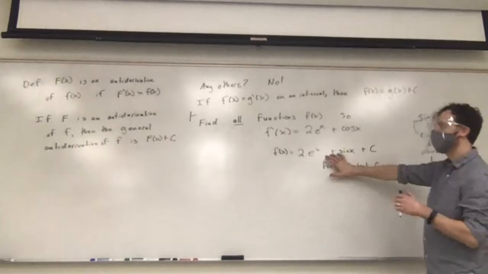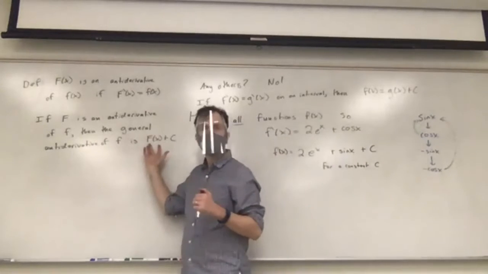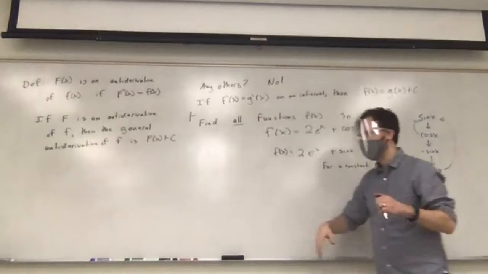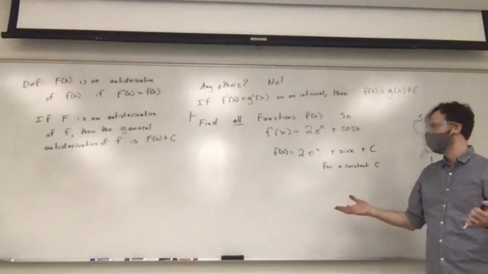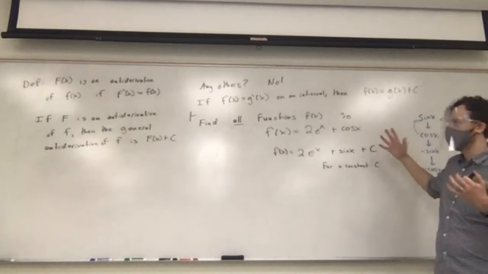And so that's like what we were doing here. The general antiderivative is: find one function that works and then say we can get all the things that work if we allow for some plus c, some constant, where you can pick different constants.